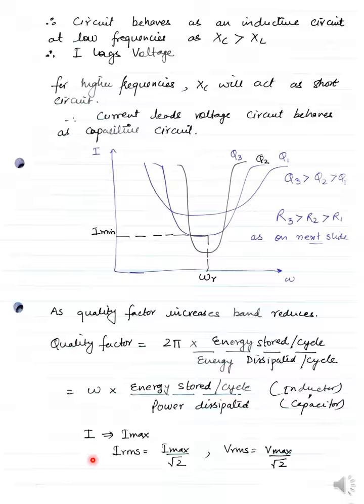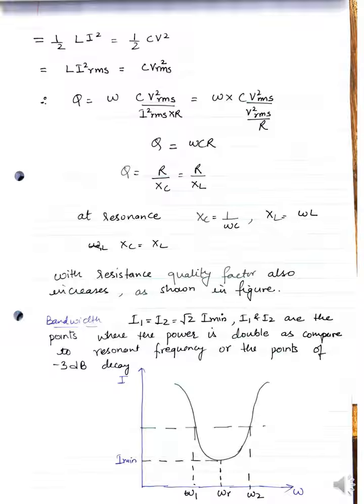Okay. So then as we are using I max, we are using the IRMS value of it. So IRMS is equal to I max divided by root 2, and VRMS is equal to V max divided by root 2. As we know, the energy stored across the inductor is half Li square, and across the capacitor is half CV square.